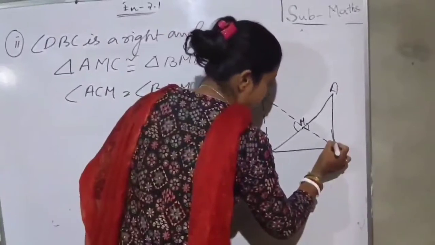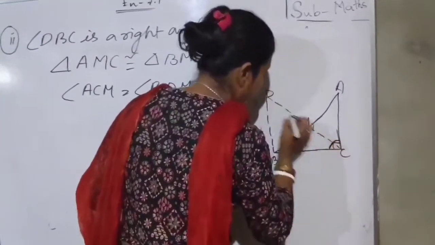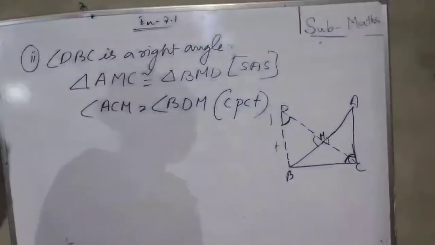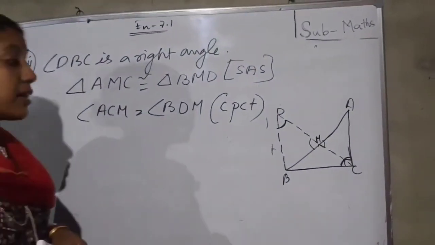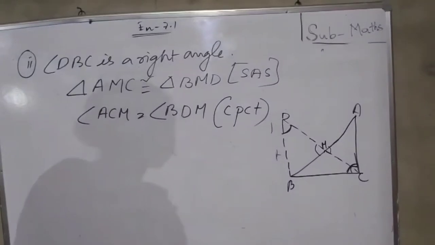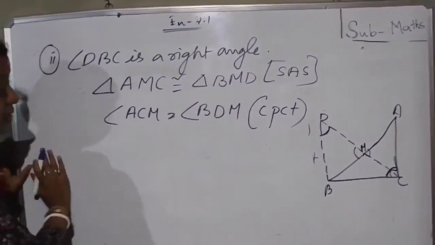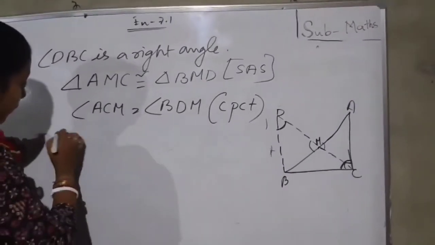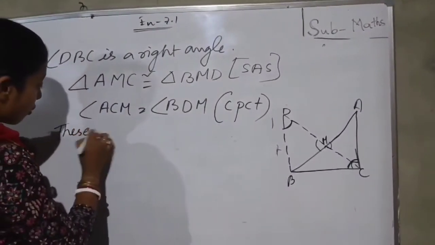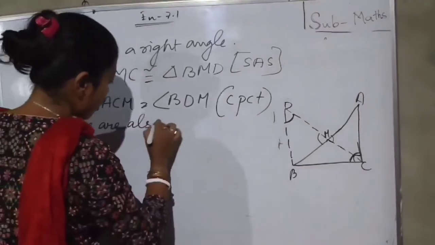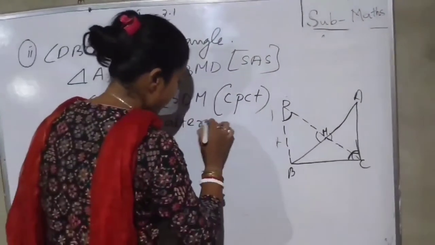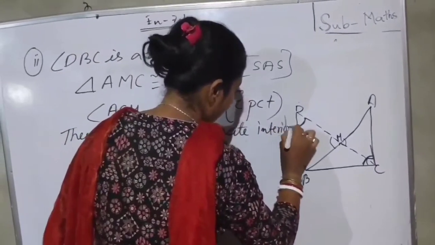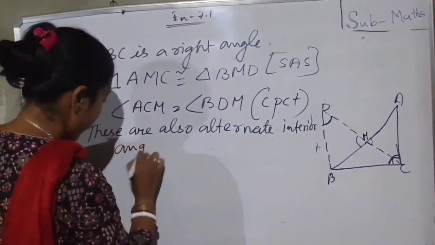Also we can say that this angle and this angle are alternate interior angles, right? We have studied in chapter 6. So we will write, these are also alternate interior angles.